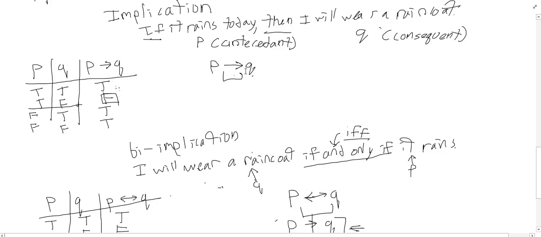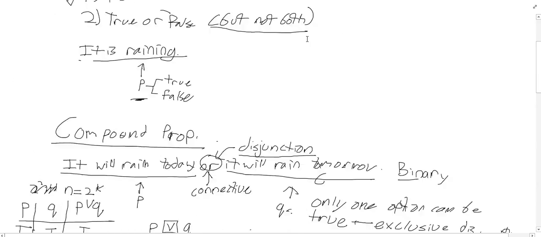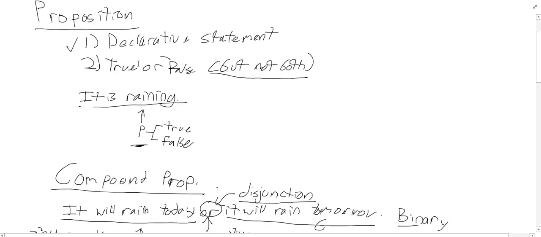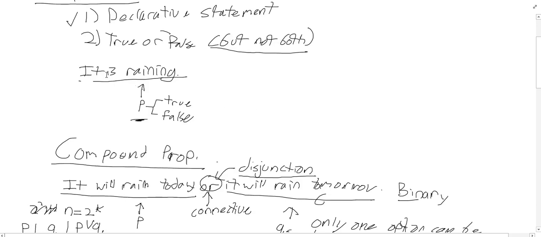All right, so we'll just quickly wrap up this particular video. We're running a little over half an hour now by my watch. So we started talking about a proposition, which is a statement that is both a declarative sentence and can be reduced to true or false, but not both. An example would be, it is raining. You can take a proposition, and because it can be reduced to only one particular value, be it true or false, you can assign it a variable.